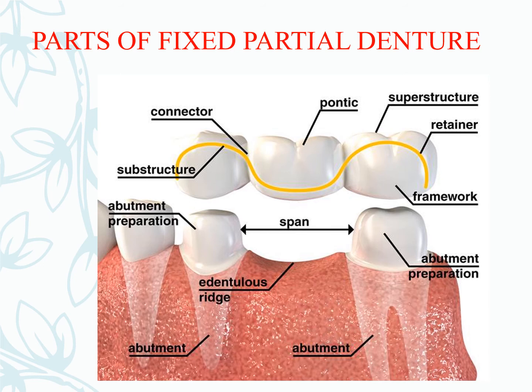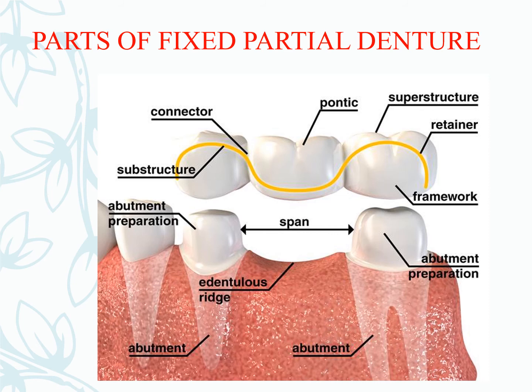In this you have three parts. The first one is the retainer, which covers the prepared tooth structure. The superstructure is the crown, and inside is the metal. You have a metal coping, as in porcelain fused metal crowns, and that is your substructure.